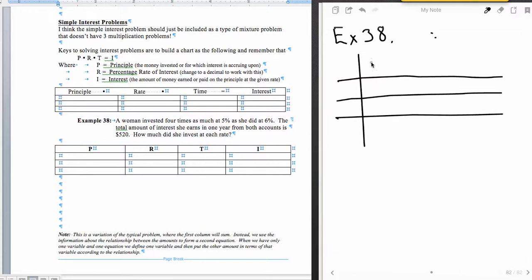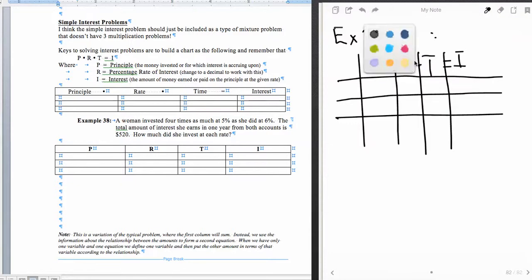So I'm going to make a table here that has principal, rate, and time. Even though time usually has only 1 year in it, don't forget to put those in. And I'm going to have my interest. So this again is principal times rate times time is equal to interest, just like that.